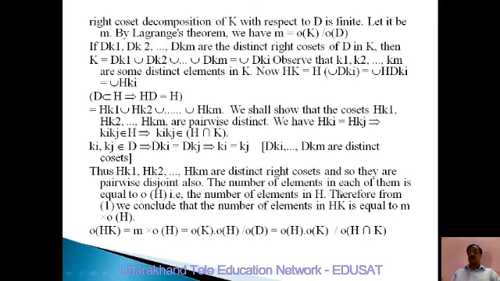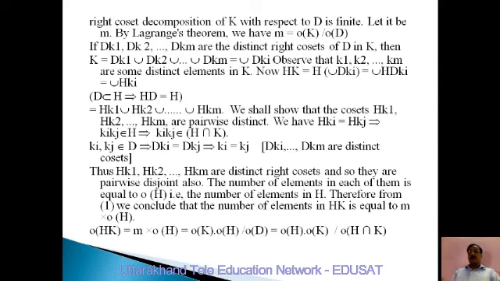The number of elements in each of them is equal to the order of subgroup H, the number of elements in H. Therefore, from equation 1 we conclude that the number of elements in HK is equal to m times the order of H. Order of HK equals m times order of H, which equals order of K times order of H divided by order of D, since order of K divided by order of D is given by m.